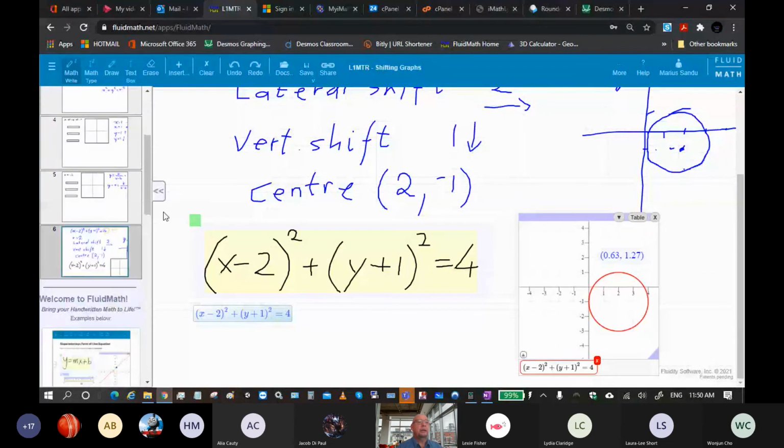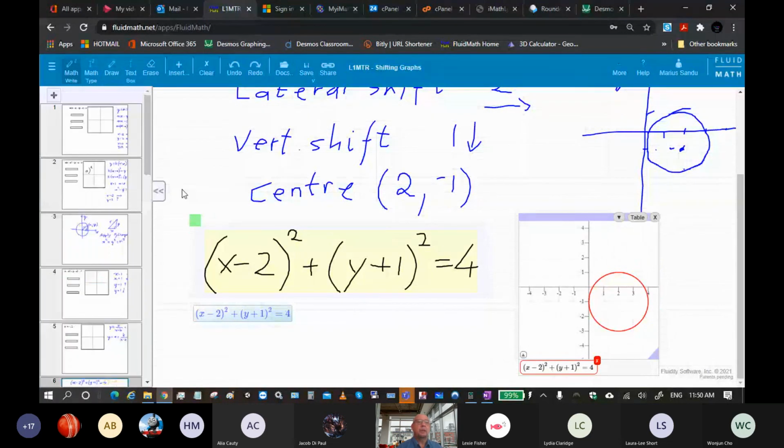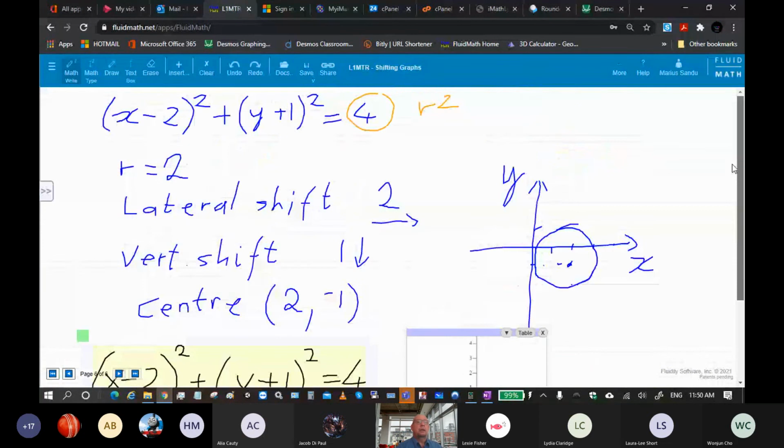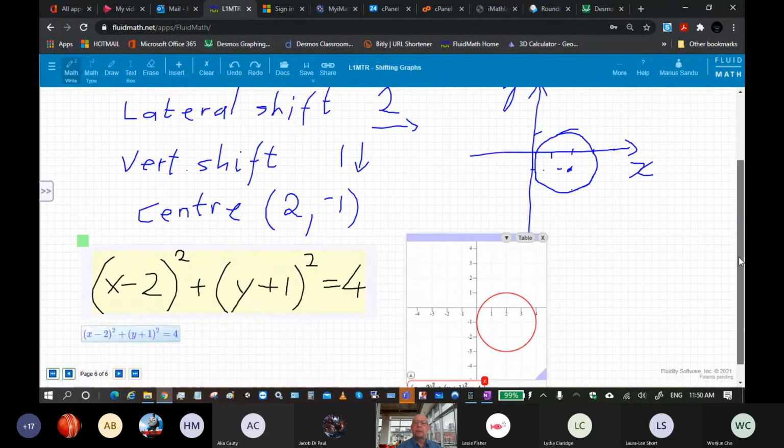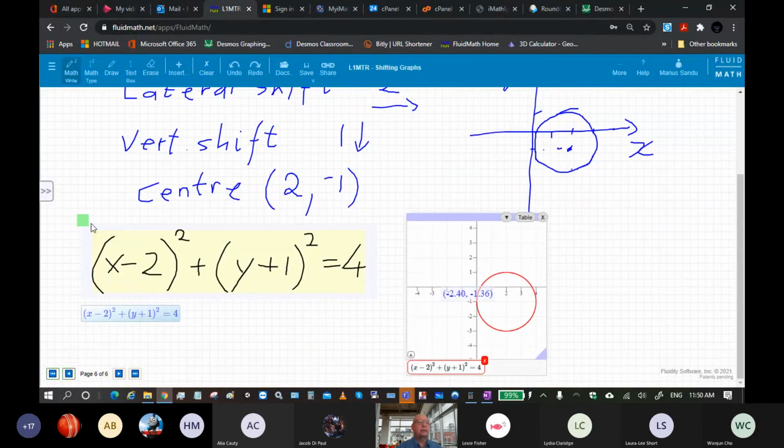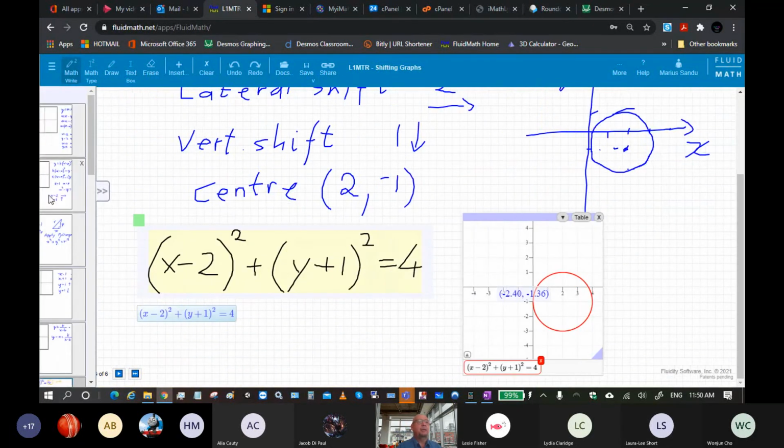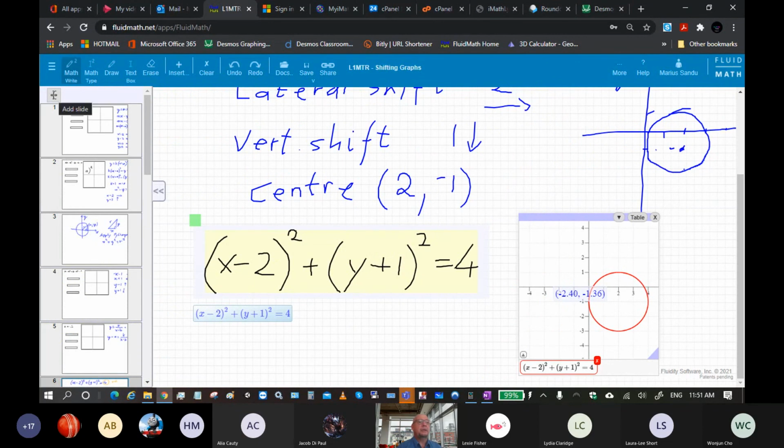I'll just use this table. Yes, x minus 2 squared, y plus 1 squared equals 4. Remember that you can only enter graphs in the form of y equals something, yeah?